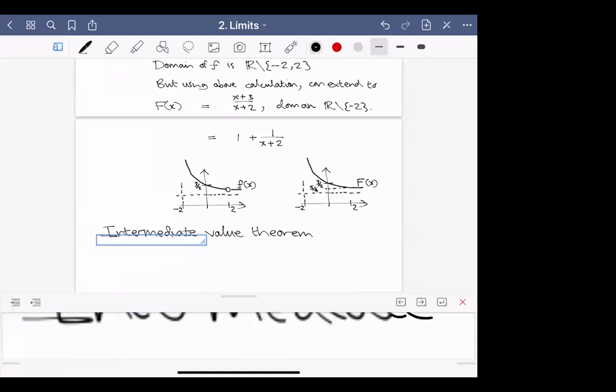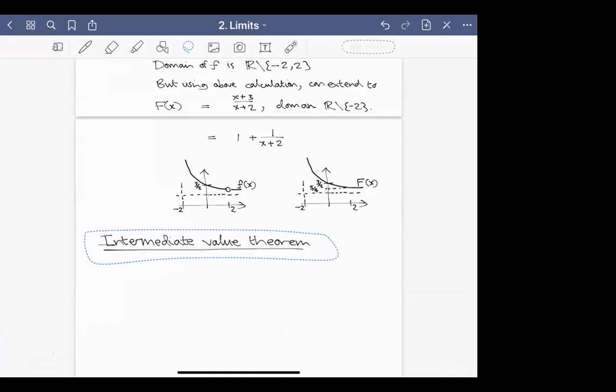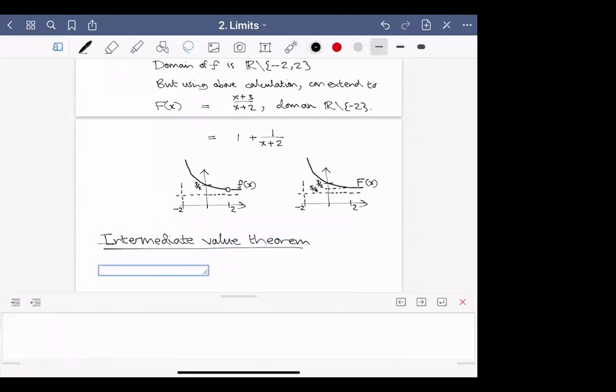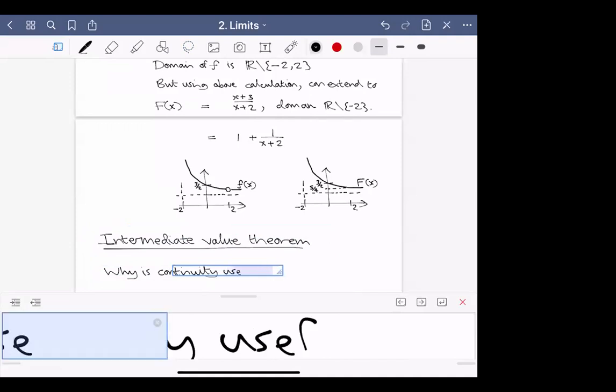And this theorem is saying something that is very obvious intuitively for certain sorts of graphs. But continuity is needed to make this true. So why is continuity useful? This is one of the most important answers, this theorem.